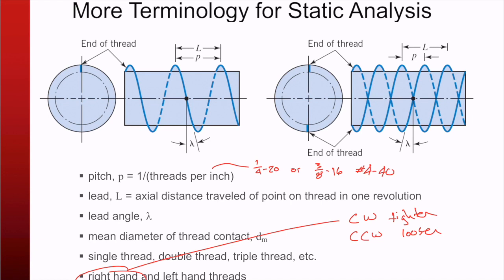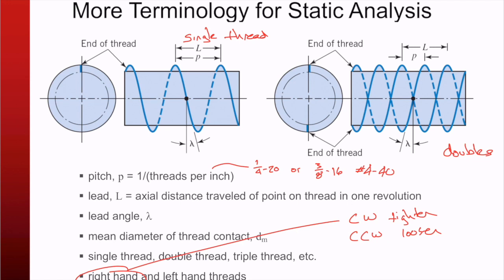Oh, and there's also single, double, and triple threads, right? Most of the fasteners that we're used to dealing with have a single thread. But some might have what's called a double thread, where there's actually two helixes going around the cylinder.